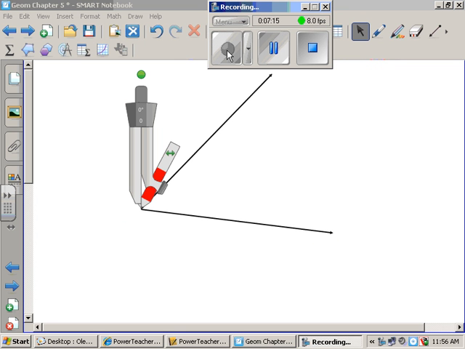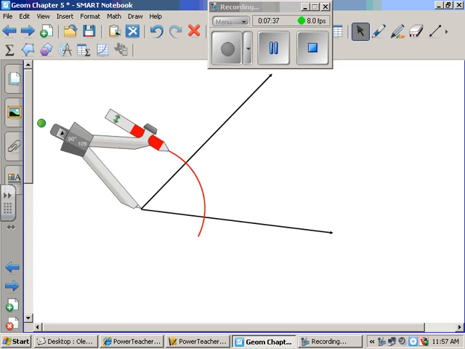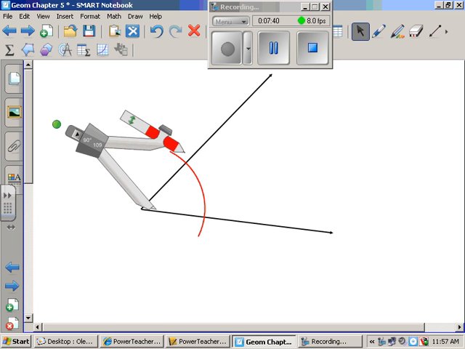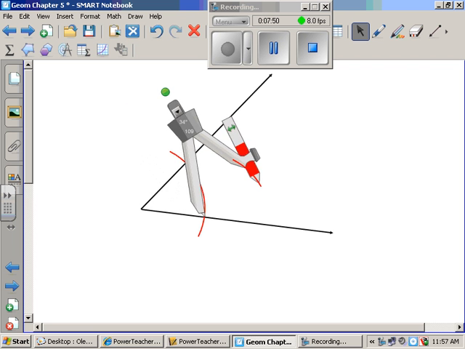Okay, part 2 is going to be to actually construct an angle bisector and a perpendicular bisector. To construct an angle bisector, the first thing you do is take your compass, put the pointy end right on the vertex of the angle, open it up any amount, and make an arc. Okay? Then move your pointy end to that spot, because basically we're just saying, okay, it's the same distance down the side of the angle, and make an arc from there.